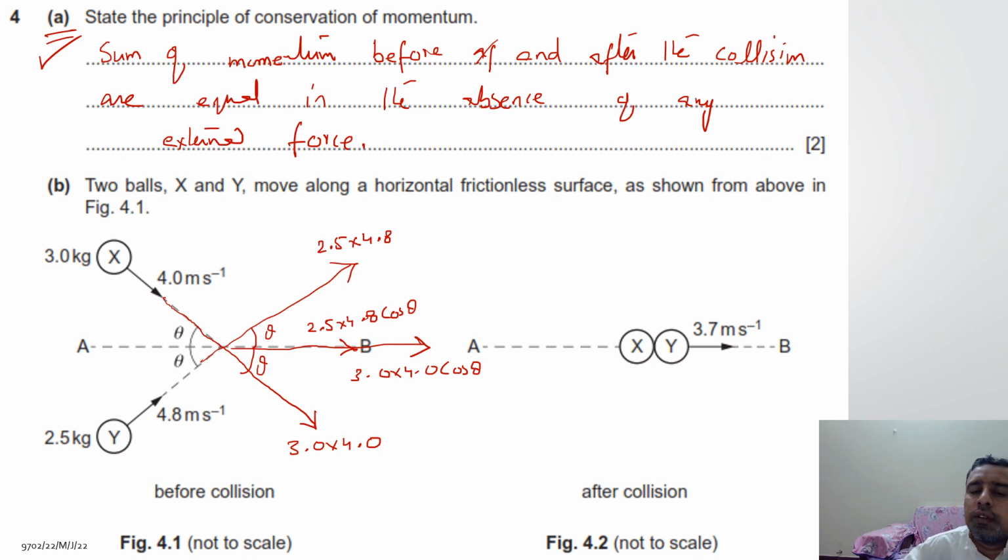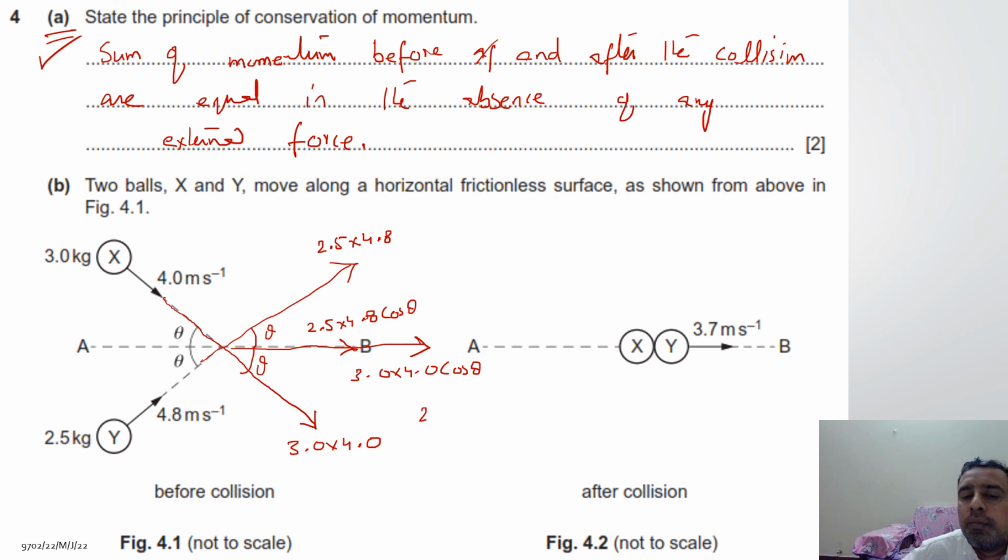So the sum of these horizontal components must be equal to the momentum which is horizontally here. So we may write this equation. Actually, in the next part, the angle is required. The diagram is here, so I'm solving on it.